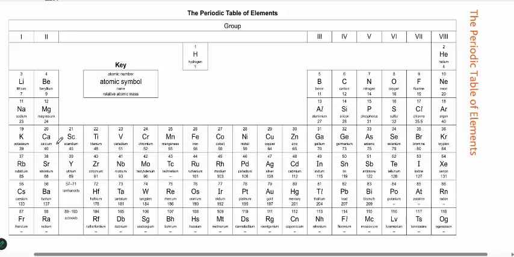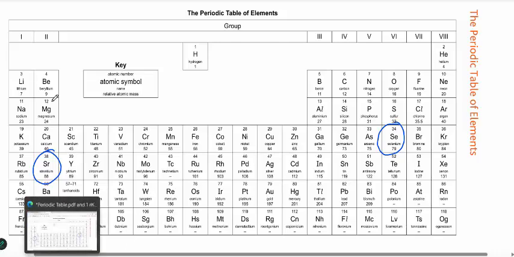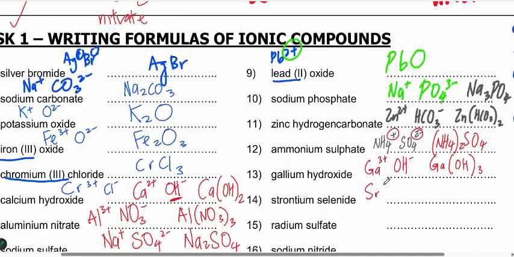Strontium is group 2 there, and selenite means selenium, group 6. So group 2 and group 6, so 2 plus and 2 minus. 2 plus group 2, 2 minus group 6. So it's SrSe.